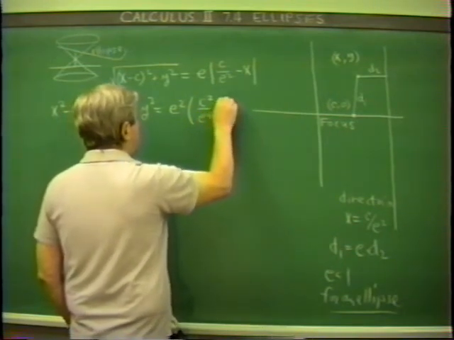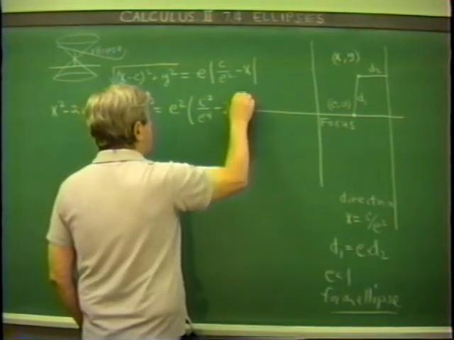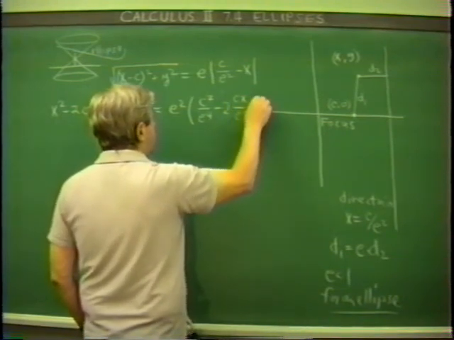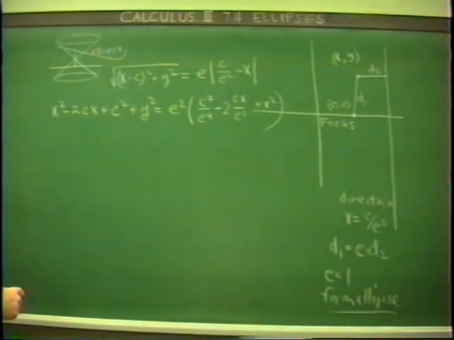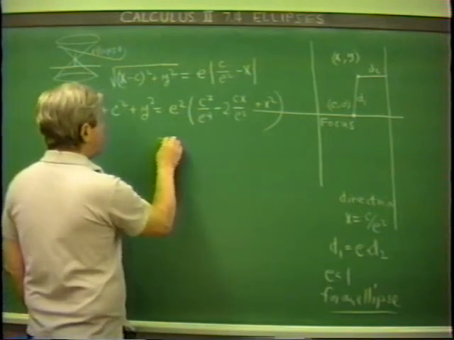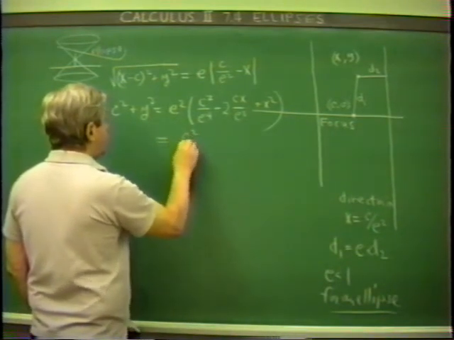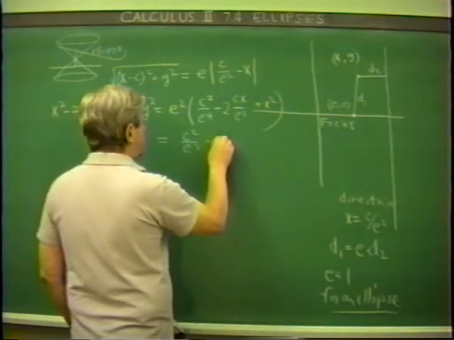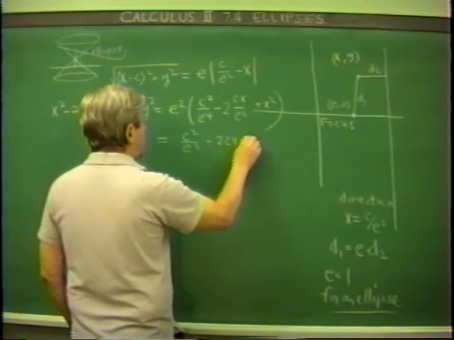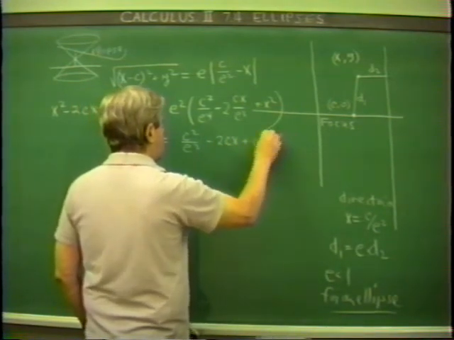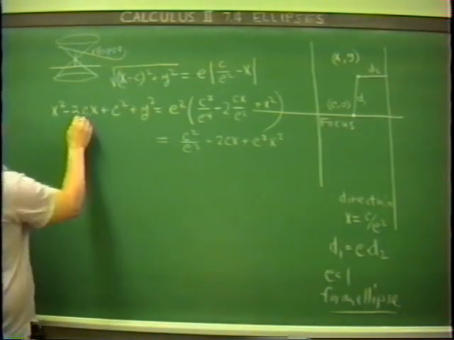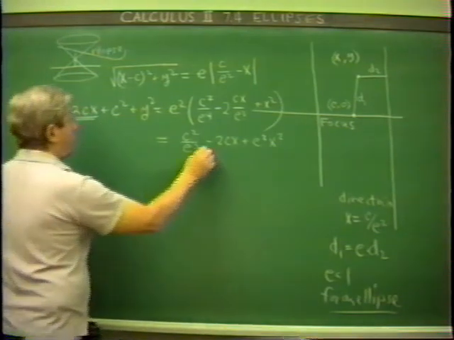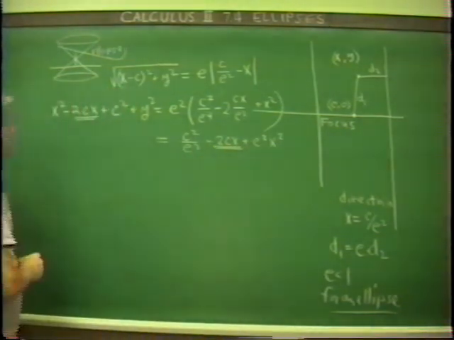So we're going to get c squared over e to the 4th minus 2cx over e squared plus x squared. Okay. So on the right-hand side here, we've got c squared over e squared minus 2cx plus e squared x squared. On the left-hand side, we've also got minus 2cx.